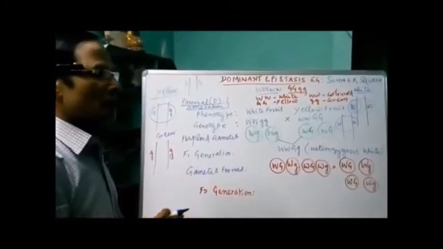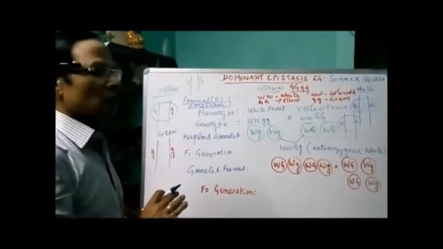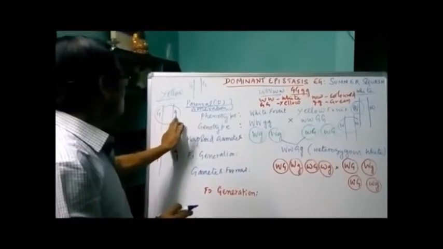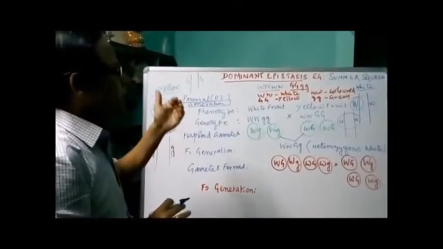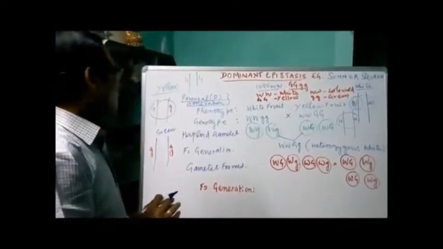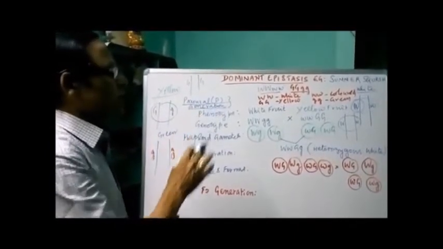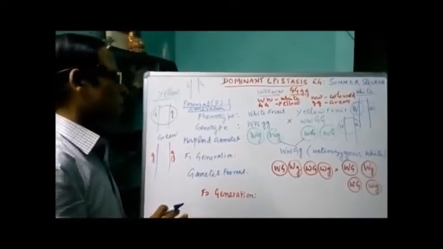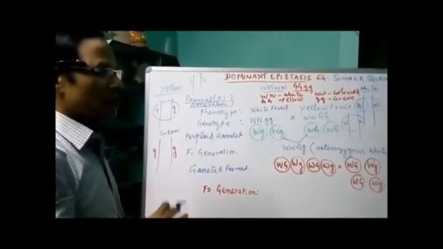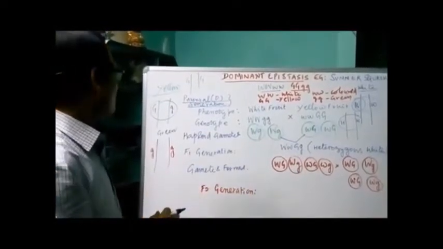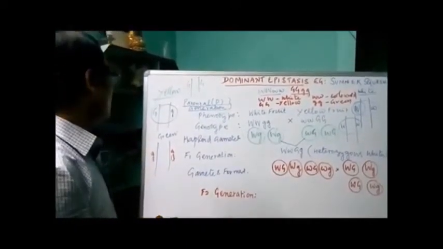That's why G is called the hypostatic gene. Either the dominant gene G or the recessive gene g, both are hypostatic genes, which are not expressed in the presence of the dominant allele capital W. This is the hypostatic gene present in another locus. The recessive allele is lowercase small g.